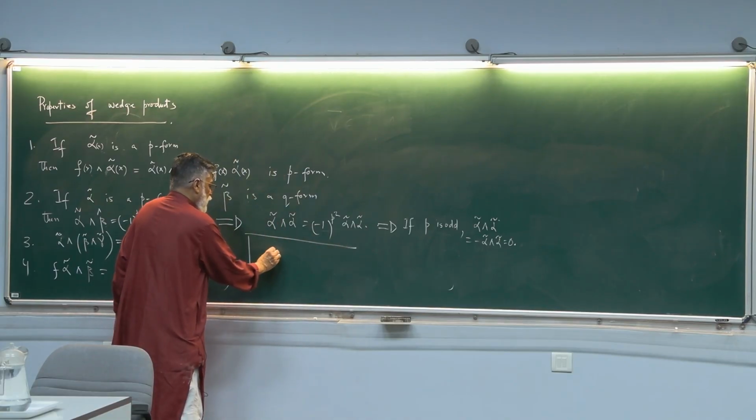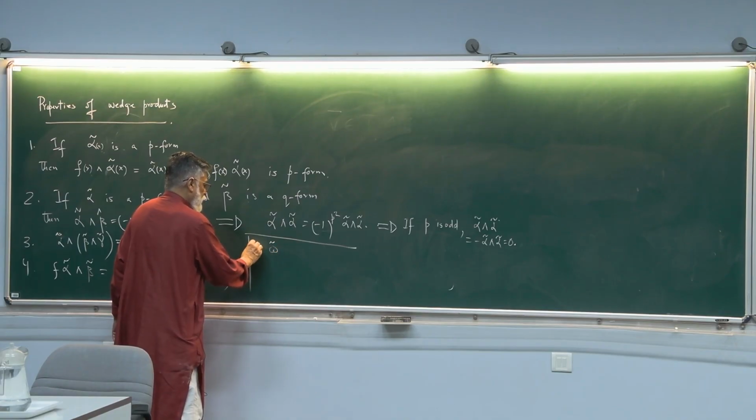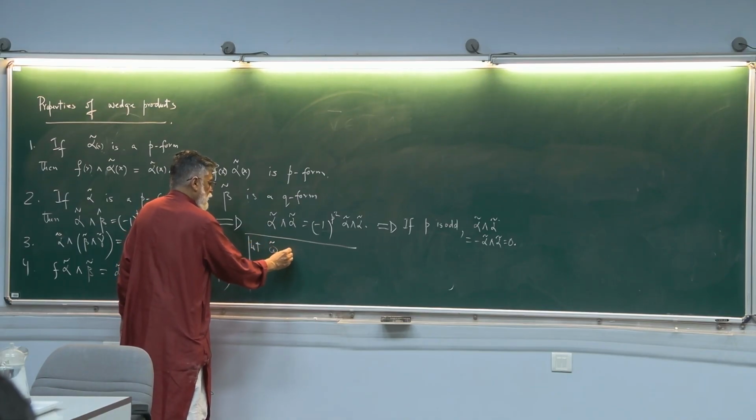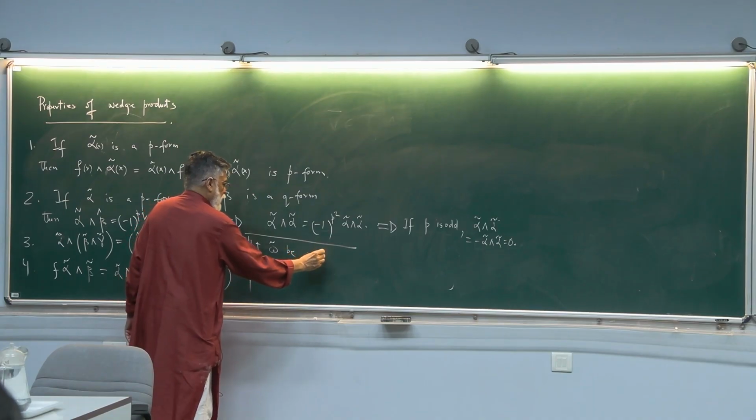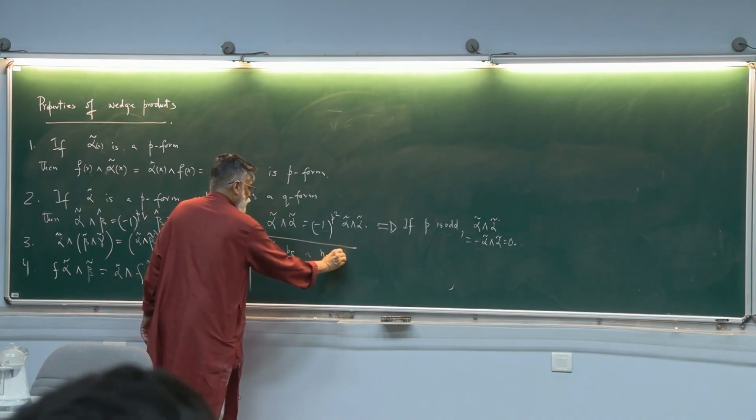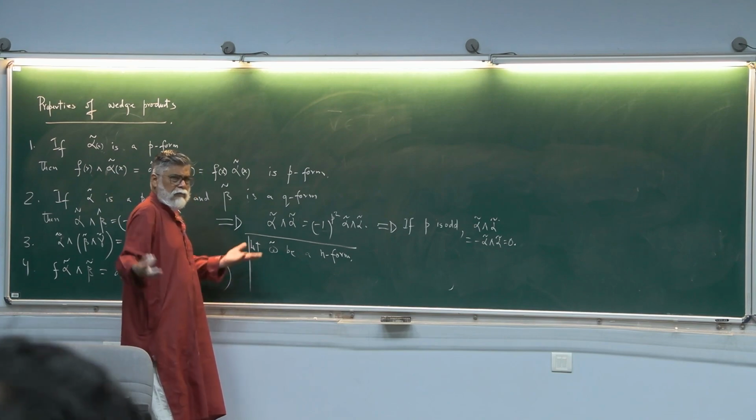Suppose you have an n form. So let omega be an n form. Okay? Means what?